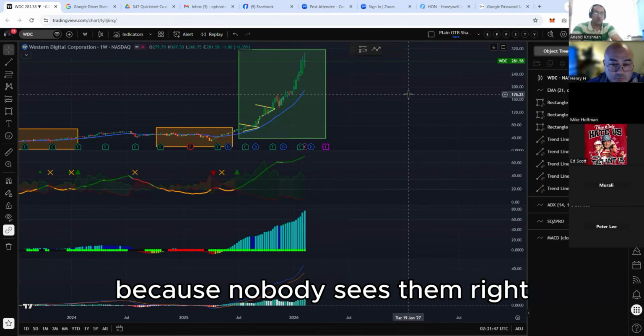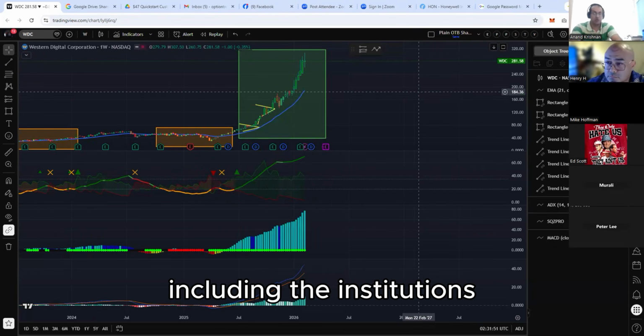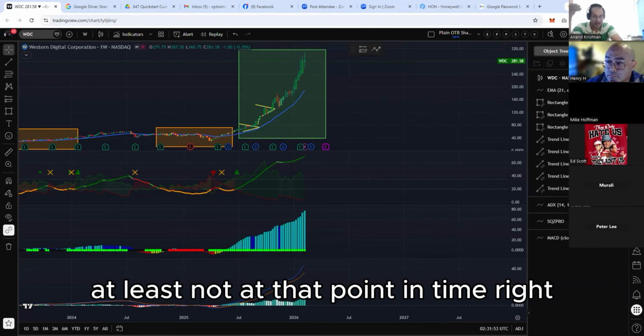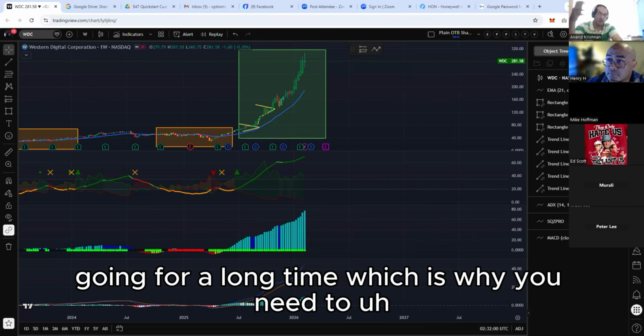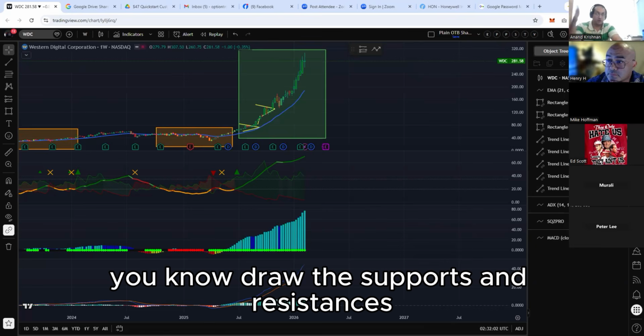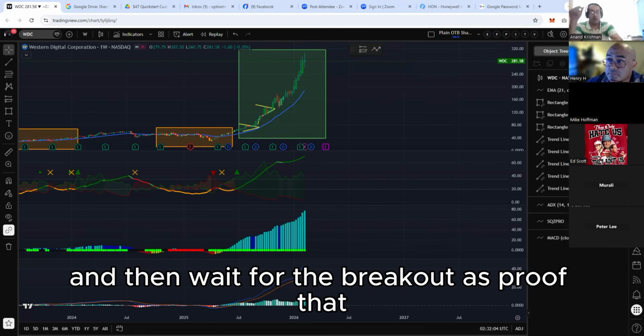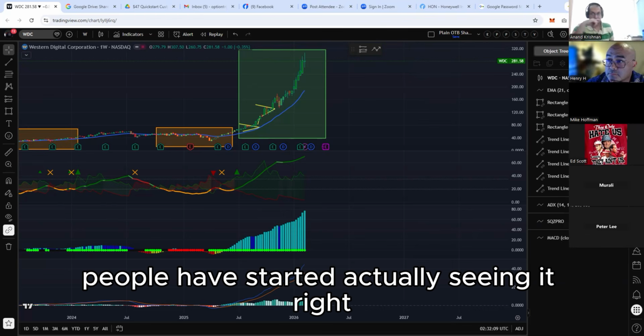But unfortunately, because nobody sees them, including the institutions, at least not at that point in time, you're going to see the sideways movement going for a long time, which is why you need to draw the supports and resistances and then wait for the breakout as proof that people have started actually seeing it.